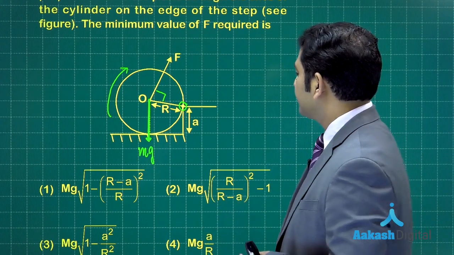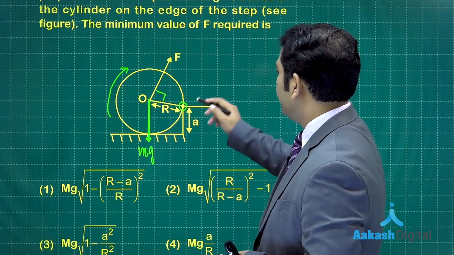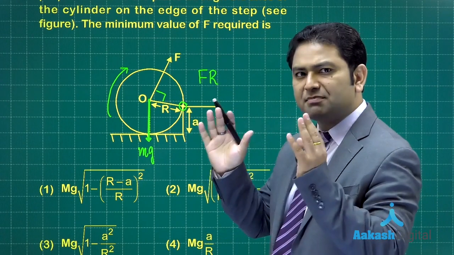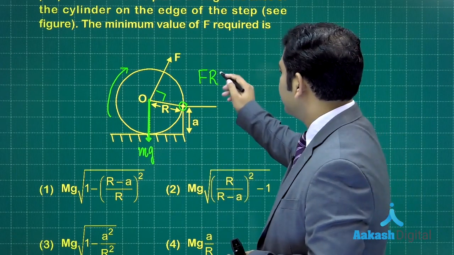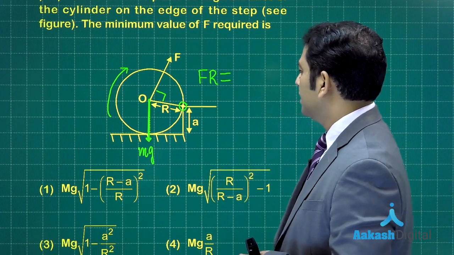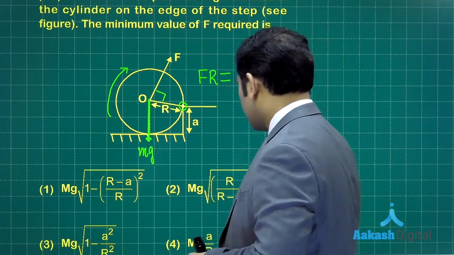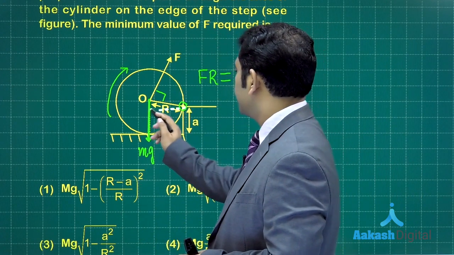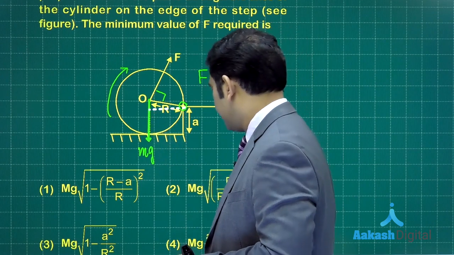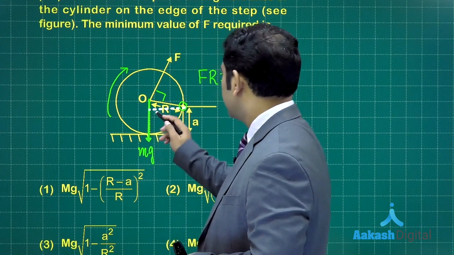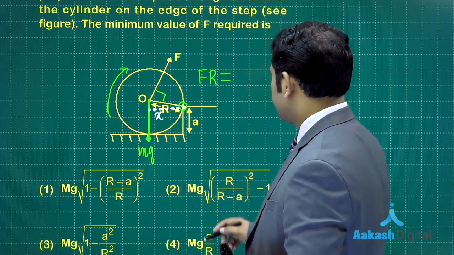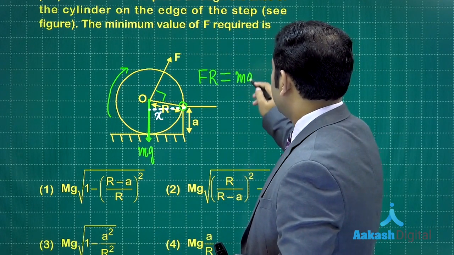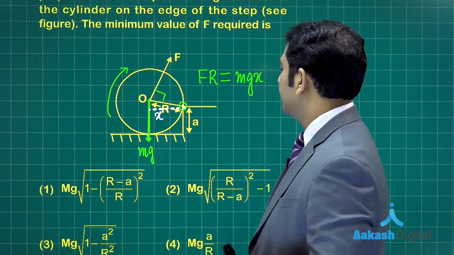Now the idea is quite simple. The torque due to F, that is Fr, since it says minimum, at that condition just equals the torque due to mg. Just have a look at the perpendicular distance from this particular point, which is this, and let me call this distance x. So that is going to be mg multiplied by x.